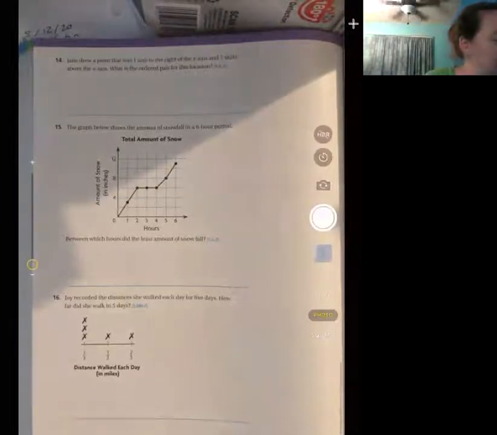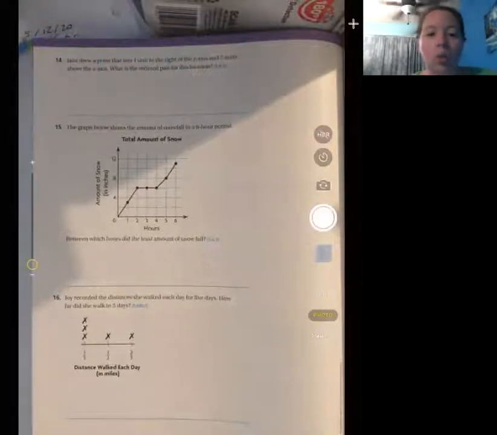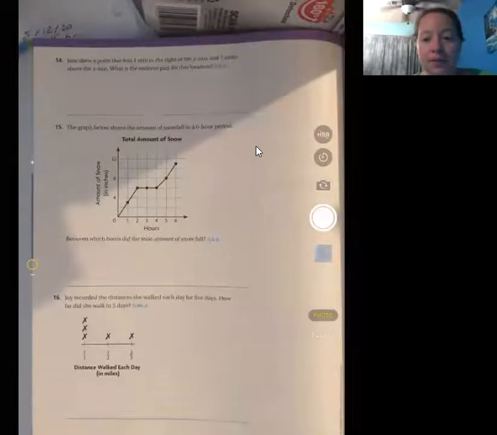Number 14, Jane drew a point that was 1 unit to the right of the y-axis and 7 units above the x-axis. So 1 unit to the right, and then 7 units above. Can I even do that? Probably not. So 1 unit to the right and then 7 units above. 1, 2, 3, 4, 5, 6.